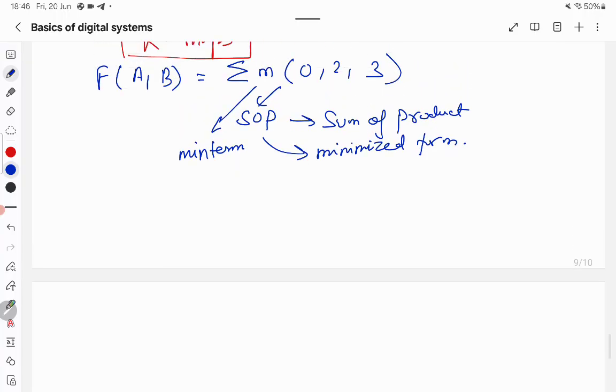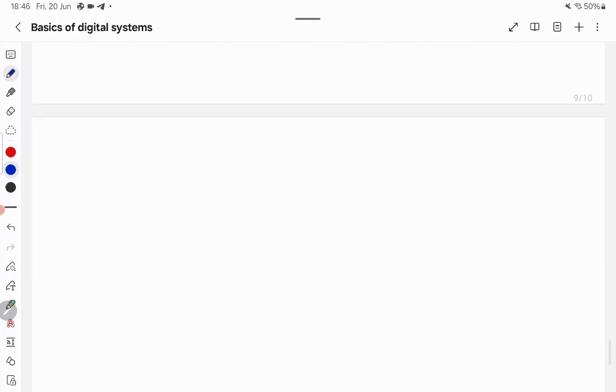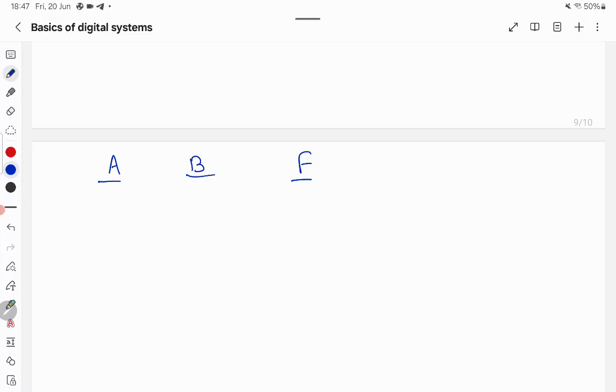So how to draw the K-map of this? Let's draw the truth table for this. There are two inputs a and b, and this is the output f. You can write 0 1 2 3.